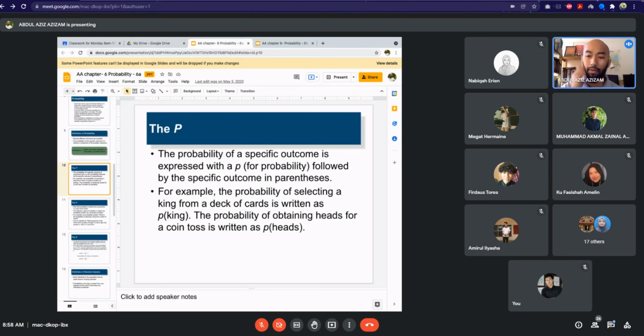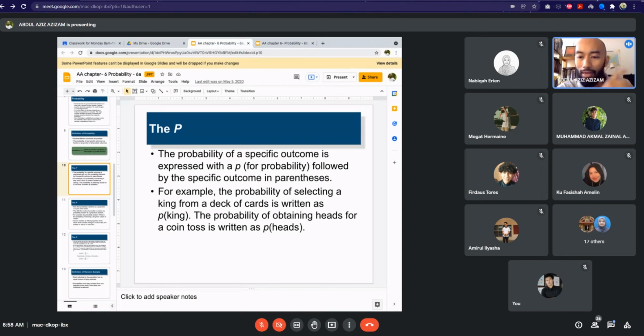Tapi you jangan main macam poker or those kind of thing, dia dah menghampiri, dah macam gambling lah. Dia tak ada probability kat dalam tu. Dia tak ada calculation. Kalau dalam poker dia lebih kepada nasib, exactly, yes.